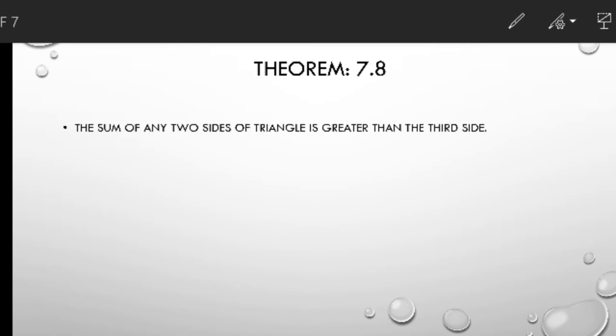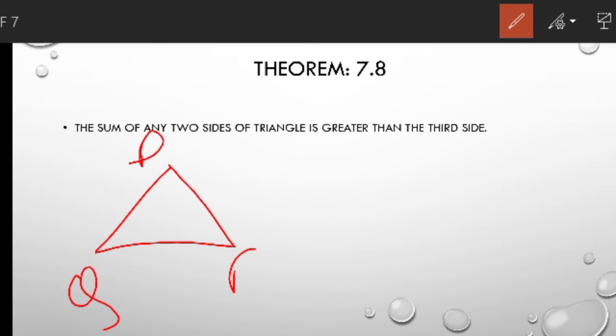The last theorem is Theorem 7.8. Here it says the sum of any two sides of a triangle is greater than the third side. So let us consider again a triangle PQR. Suppose the sides are 3, 5 and 4.